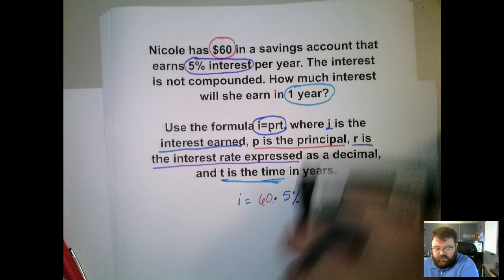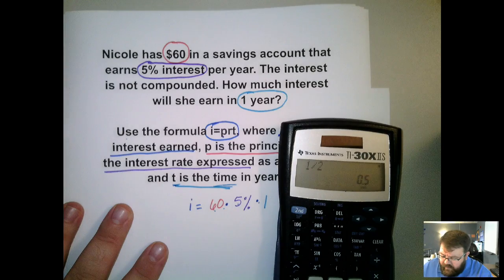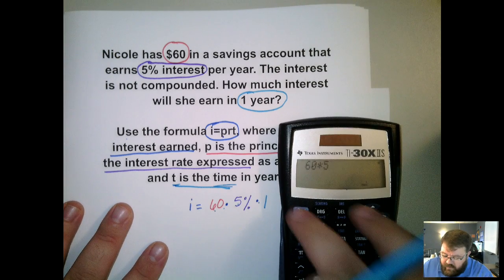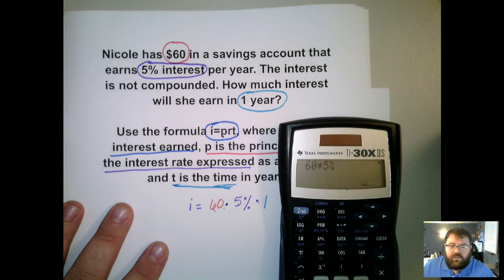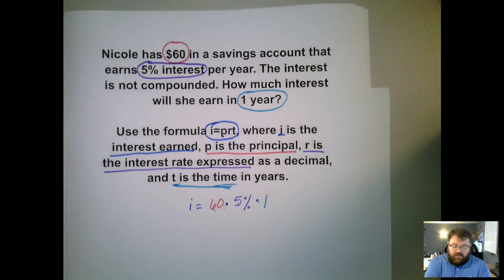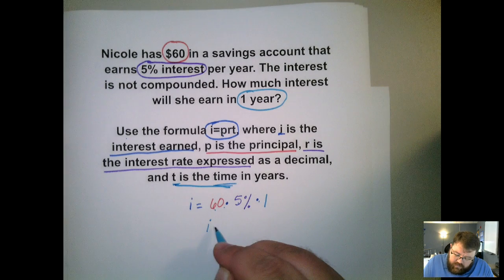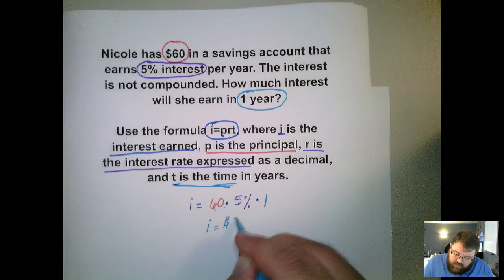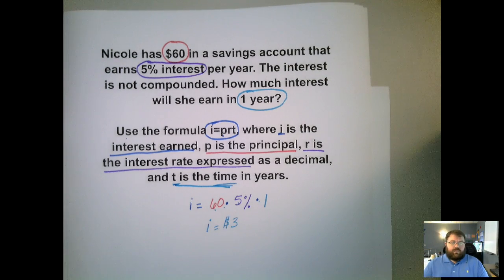So I go to my calculator, and I could say 60 times 5, and the way you get your percent is second, open parentheses, times 1. Hit enter, and you get $3. Okay, so the interest is $3.